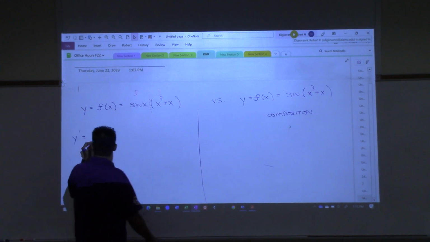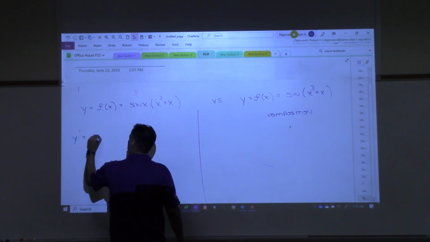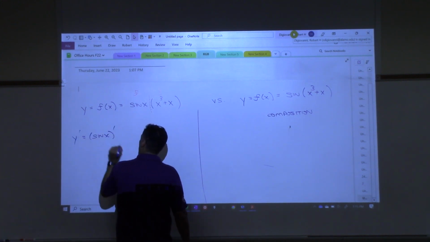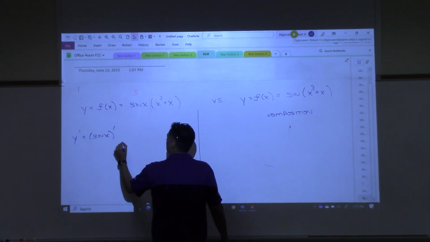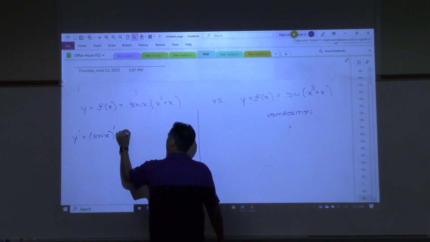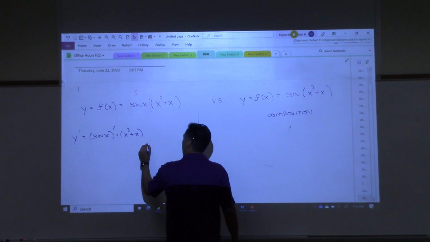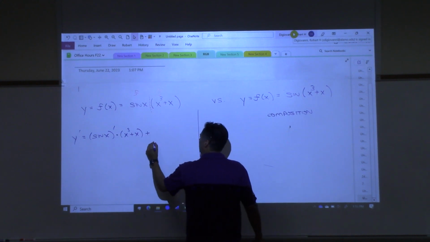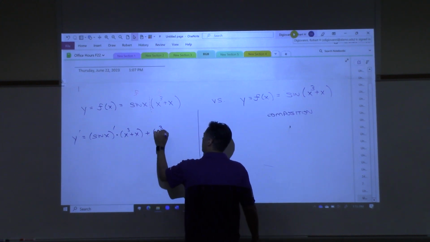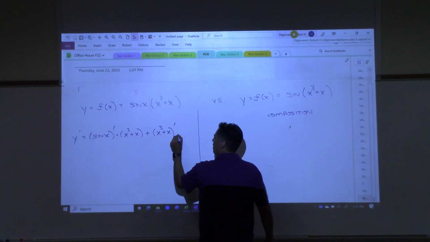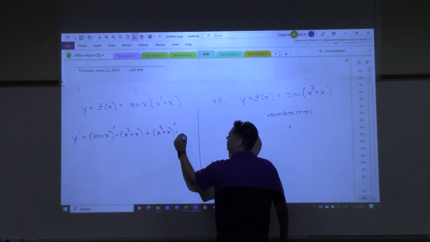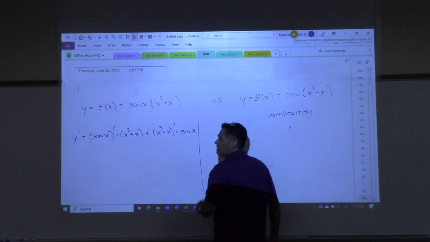So I'm going to write sine x, take its derivative, then times g, x cubed plus x, and then plus g prime. Take the derivative of the x cubed plus x, and then multiply that times sine x. That's what we learned last class.